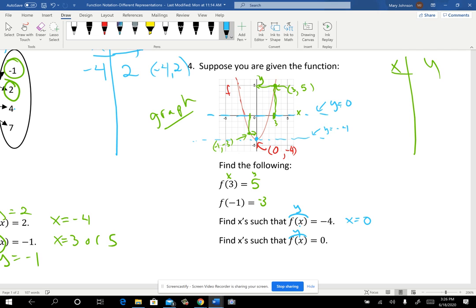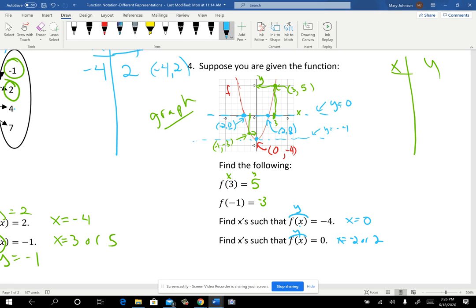Now I'm looking for where are the points that have a y of 0. What points of the function are on this line? Well, here's one, and here's one. See that? That point would be -2, 0. This point would be +2, 0. So your answer to that question would be x equaling -2 or 2.